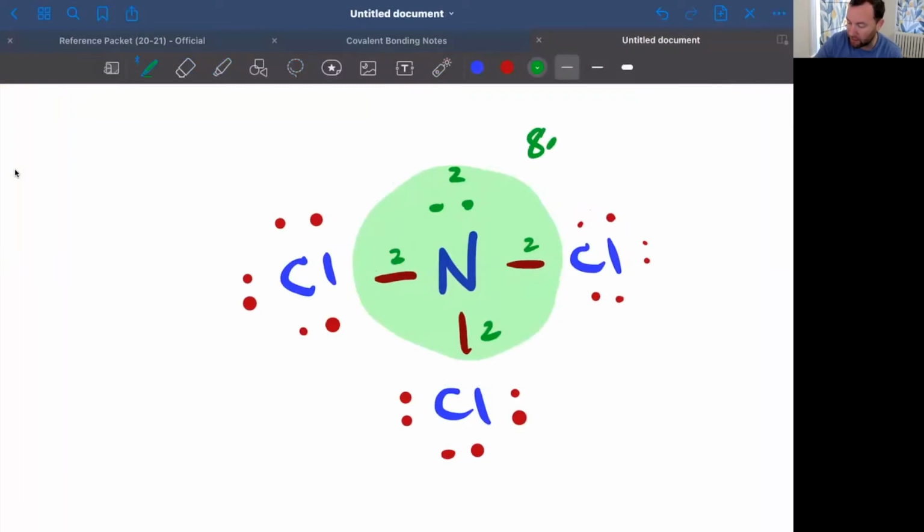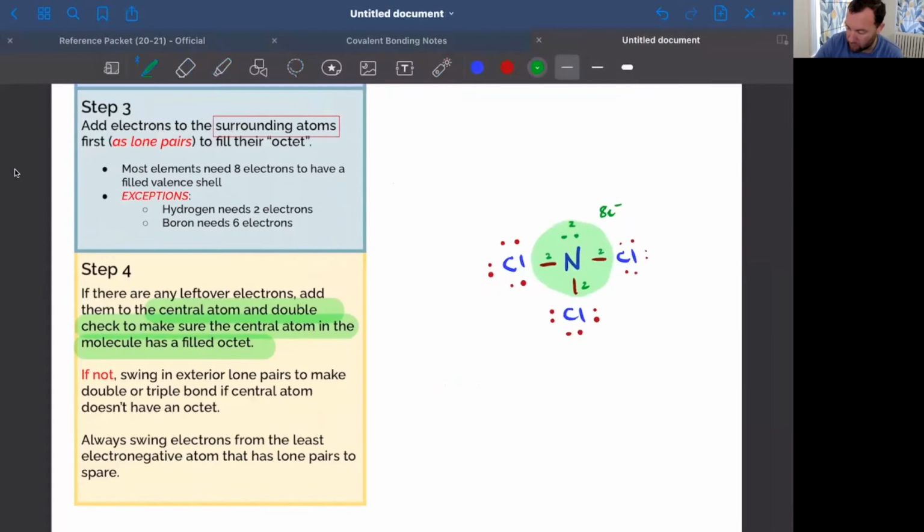That gives me 8 electrons total. So that is the Lewis structure for NCl3. It's nitrogen bonded to 3 chlorines. Each of those chlorines has a filled octet. And there's a lone pair on the nitrogen.